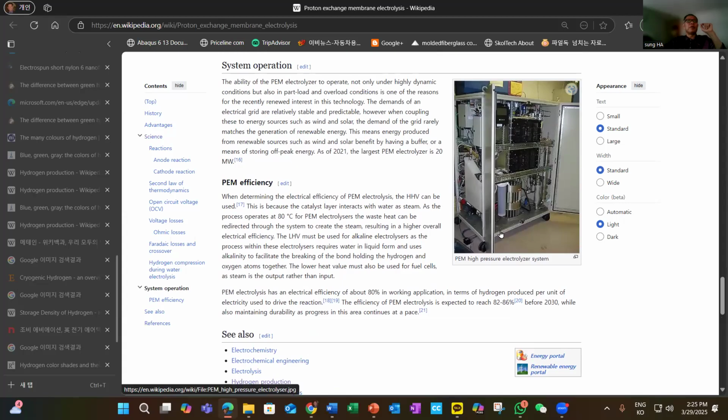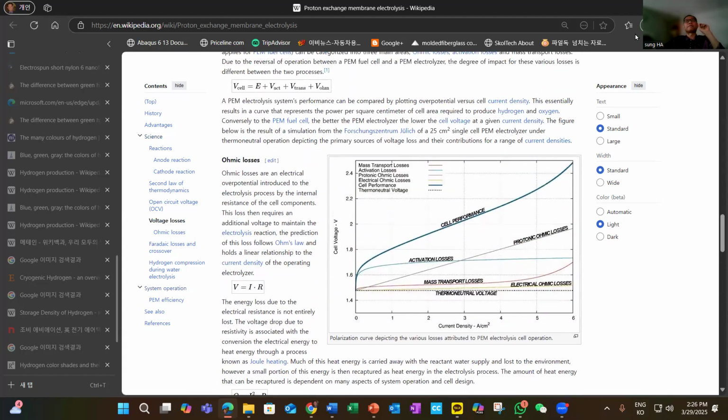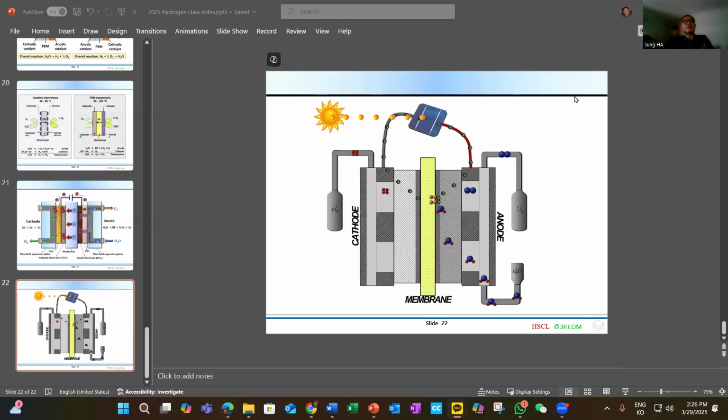Well, hardware-wise, we as engineers need to understand, or we hope to have, a very small PEM electrolyzer. So I'd like to copy this and save it here.